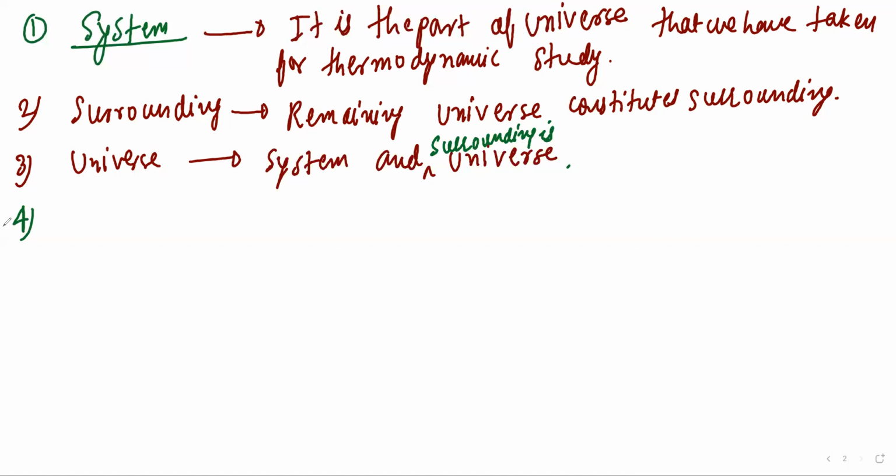Therefore, for practical purposes, the surrounding is the part of the remaining universe which can interact with the system. The region of space in the neighborhood of the system constitutes its surrounding. If you are studying the reaction between A and B kept in a container, the beaker containing the reaction mixture is the system, and the room where the beaker is kept is its surrounding.